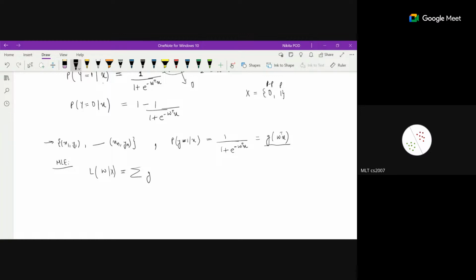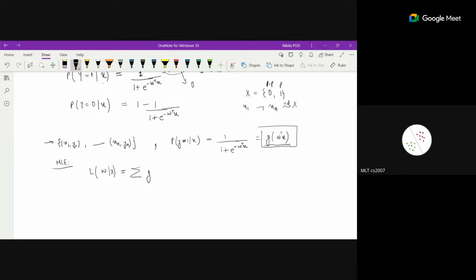If I have a sample coming from this distribution, then the likelihood function is going to be p to the power xi, 1 minus p to the power 1 minus xi. Similarly, we can do the same thing here because my y is just taking two values, 0 and 1. G of W transpose x is nothing but a probability.